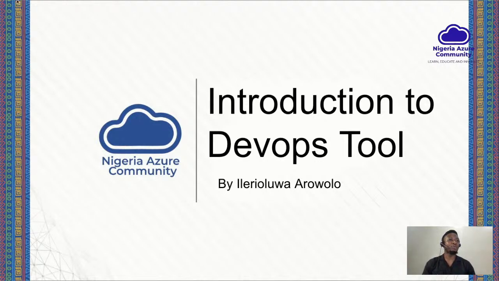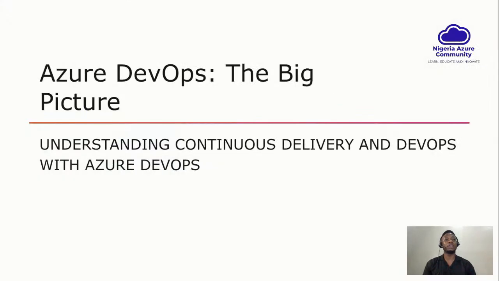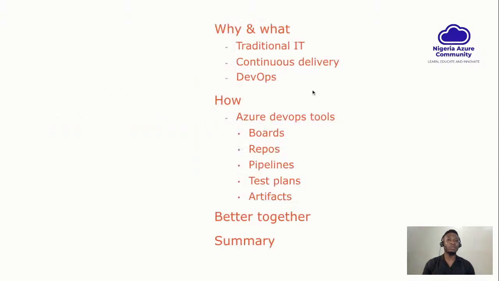All right. So before we go into the Azure DevOps platform, I want us to take a look quickly at DevOps and what DevOps is. I want us to get a grasp of continuous delivery with DevOps and also with Azure. So again, what is DevOps?